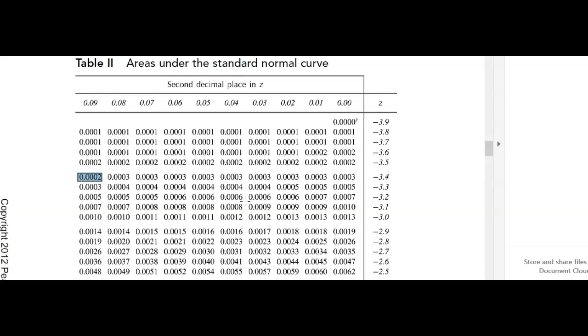Okay, now let me give you some exercise to do. You'll do it together. What is the area to the left of negative 2.63? Find it in here. It's in here somewhere, right?